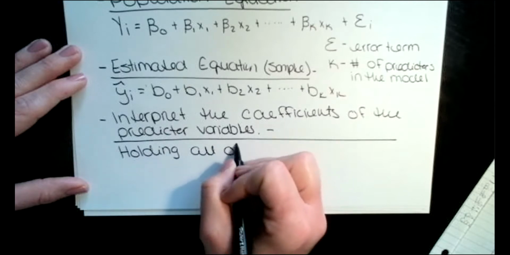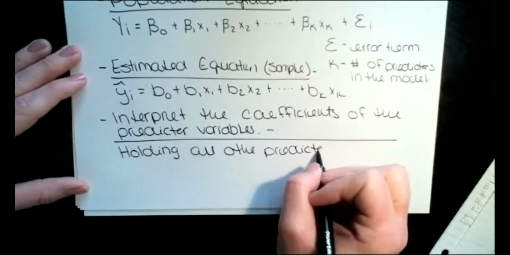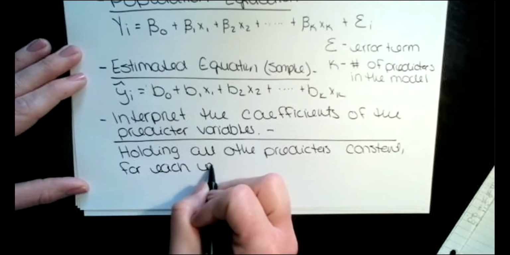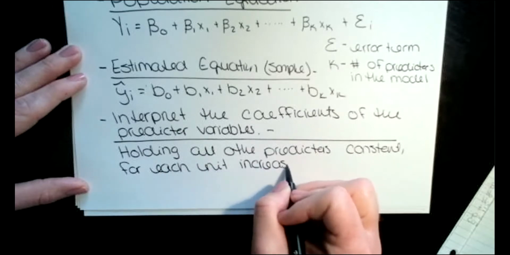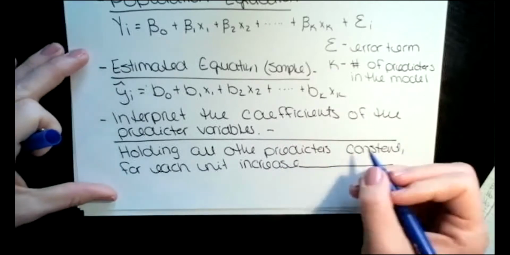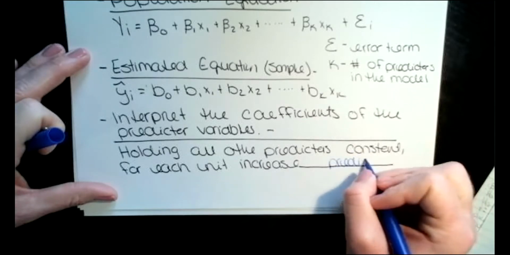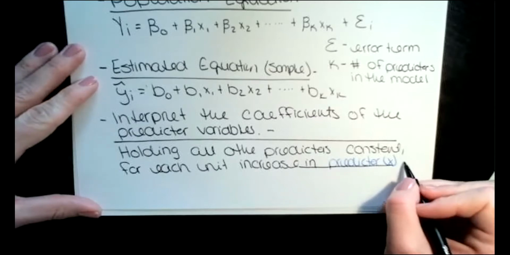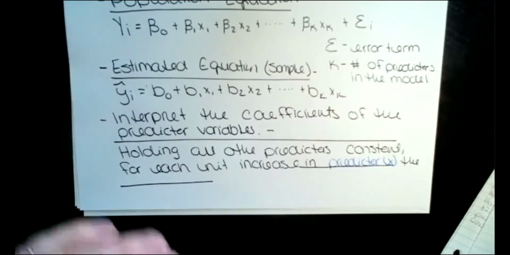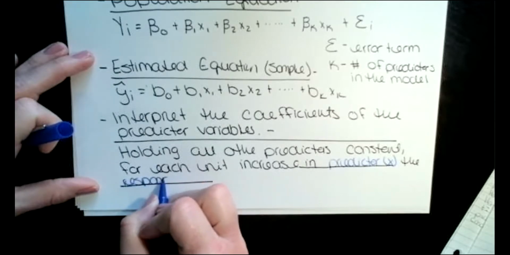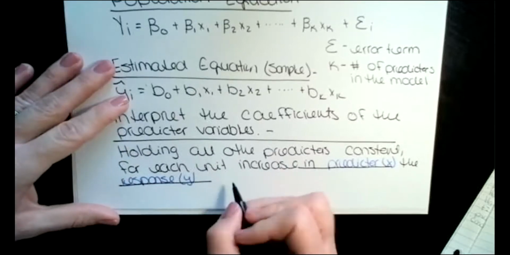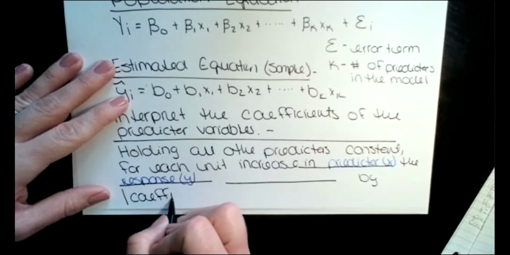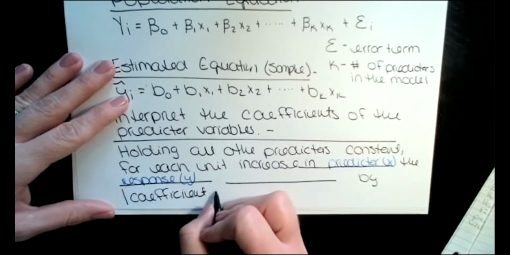So, holding all other predictors constant, for each unit increase in my predictor, the response y variable will either increase or decrease by the absolute value of the coefficient, and then we say on average.